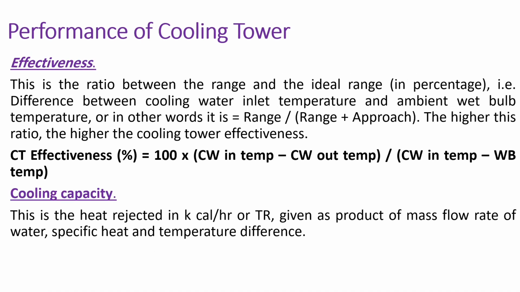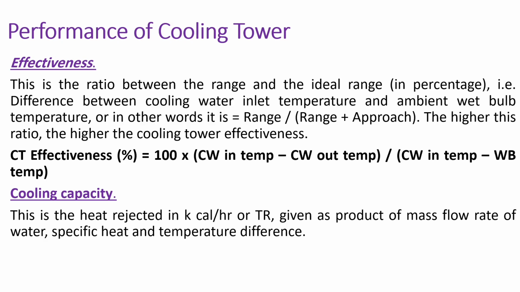Then with the effectiveness and cooling capacity. Effectiveness measures the tower's efficiency, and the higher the efficiency, the better the tower operation. Cooling capacity is related to heat removed by the tower.